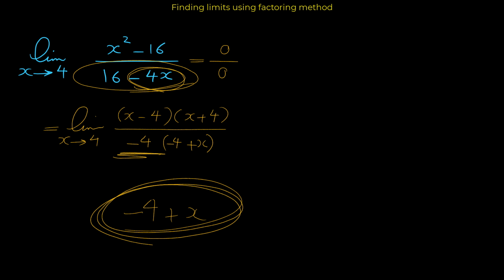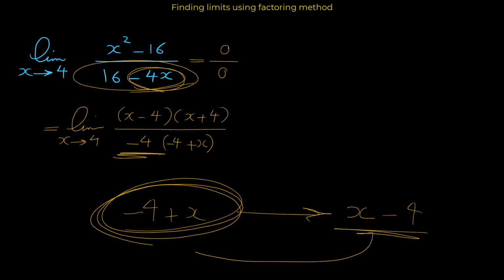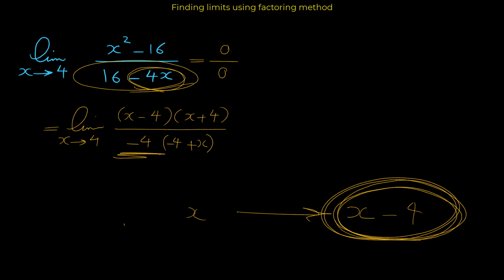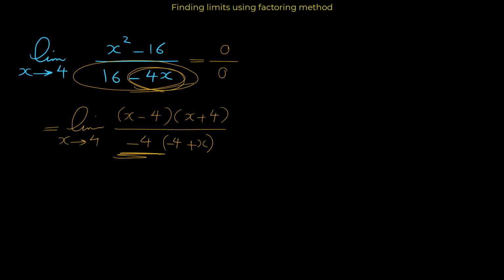Instead of writing negative 4 plus x, maybe it's better to write it as x minus 4. This is the same expression, but usually we prefer this format of writing instead of negative 4 plus x. So, we factor negative 4. And after we factor negative 4, in the bracket, we have x minus 4.